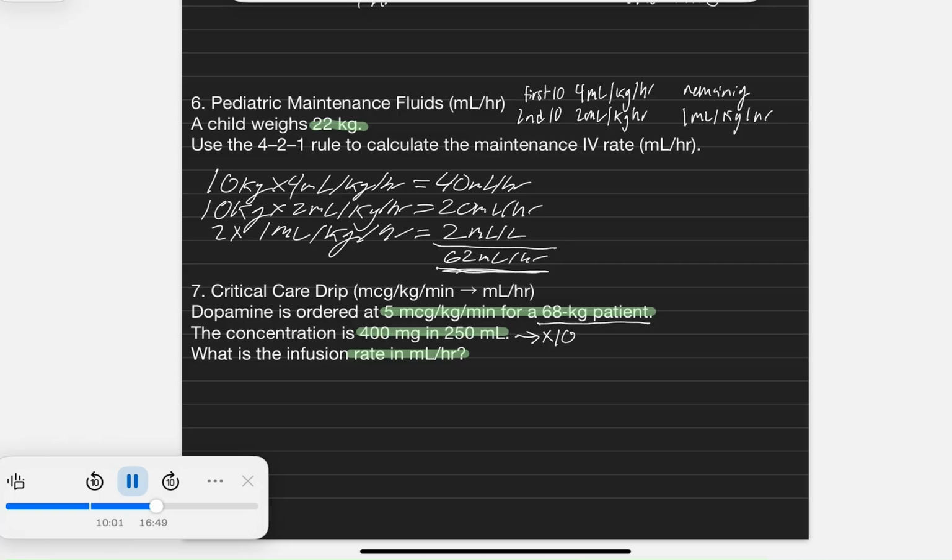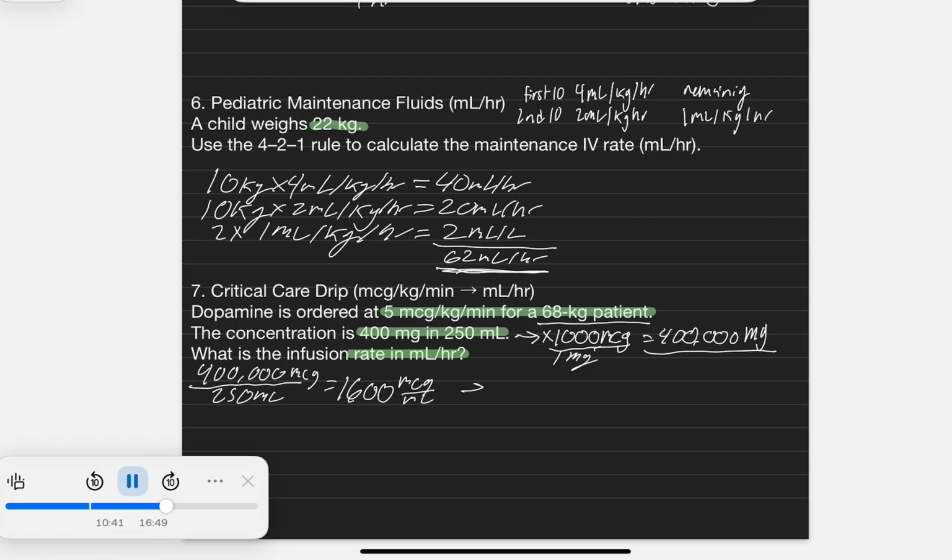So what we're going to do is take those milligrams and convert them into micrograms. 400 milligrams times 1,000 gives you your microgram doses. So that will be 400,000 micrograms that we're left with. After you get micrograms, divide your micrograms by your ml, so your 400,000 that you now have, divide that by 250, and you're going to get 1,600 micrograms per ml. So in 1 milliliter, you have 1,600 micrograms.